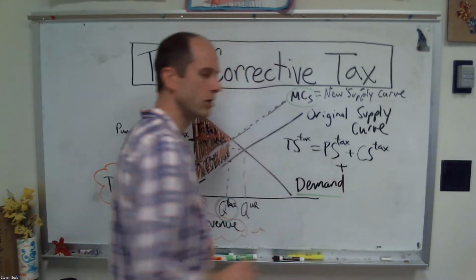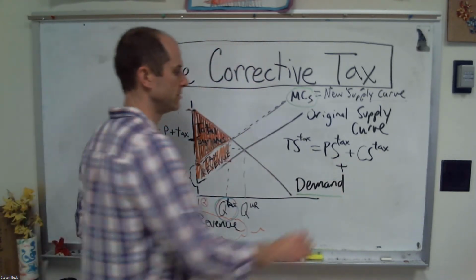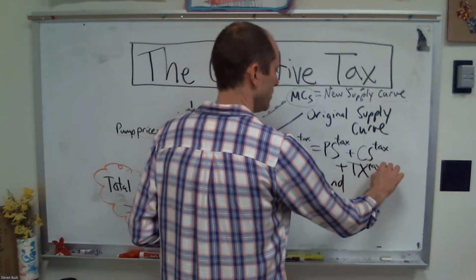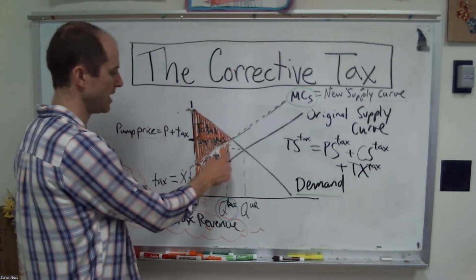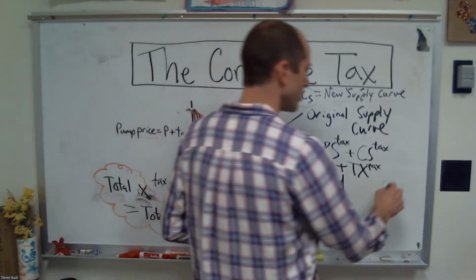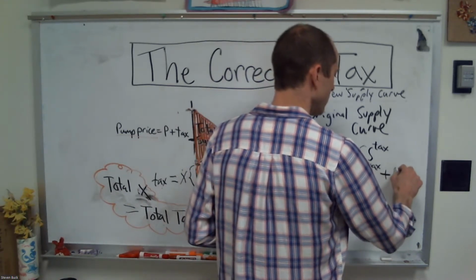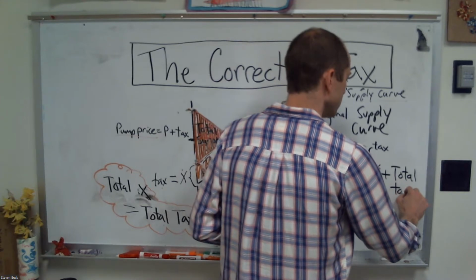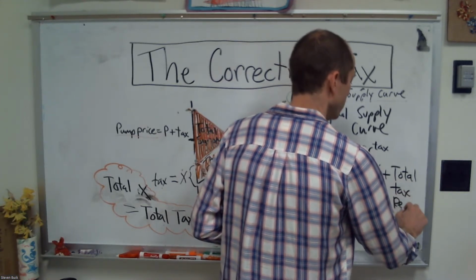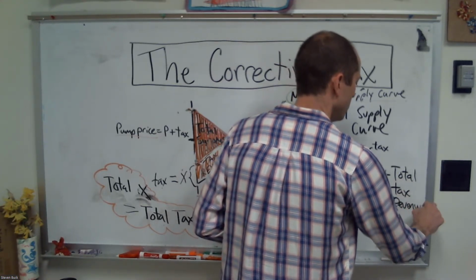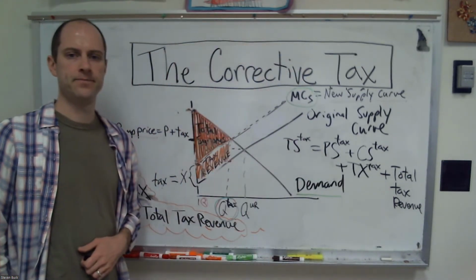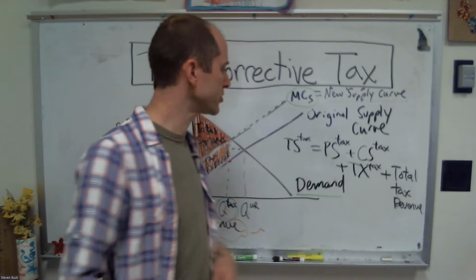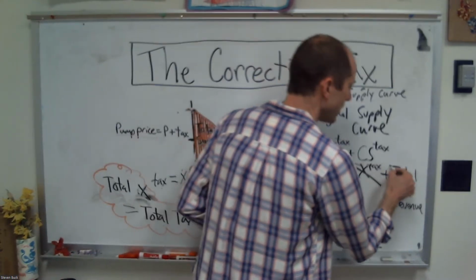We're also concerned with the externality, this guy. And then we're concerned with the total tax revenue. Guess what? The total externality and the total tax revenue are going to cancel out.